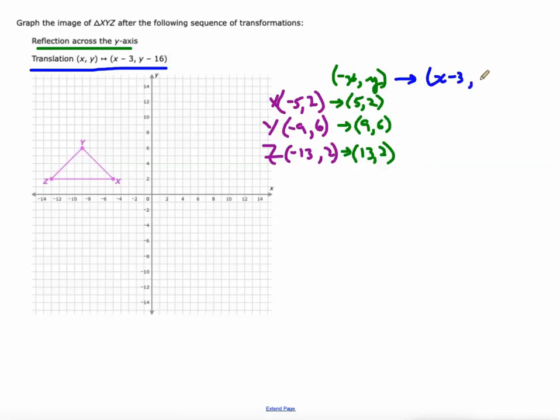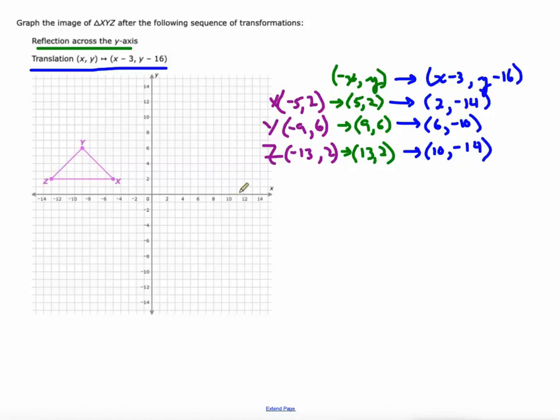And then our translation. Again, all we have to do is subtraction. Take away 3 from the x and take away 16 from the y value. So 5 minus 3 is 2, and 2 minus 16 is -14. 9 minus 3 is 6, and 6 minus 16 is -10. 13 minus 3 is 10, and 2 minus 16 is -14. And then we'll plot these points.